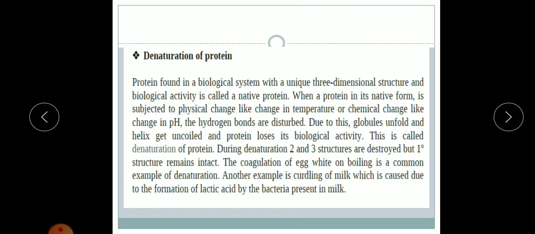Next topic, we have denaturation of protein. Now let us try to understand what this term means. A protein found in a biological system with a unique 3-dimensional structure and biological activity is called a native protein.